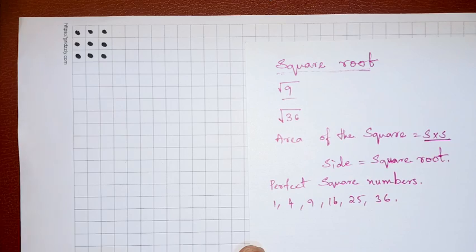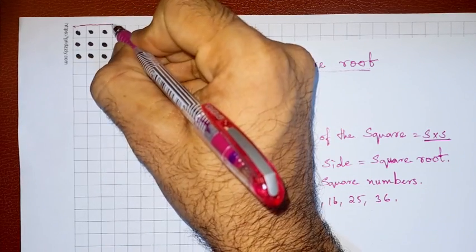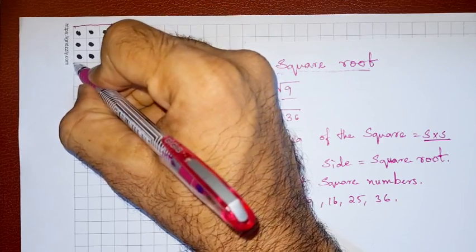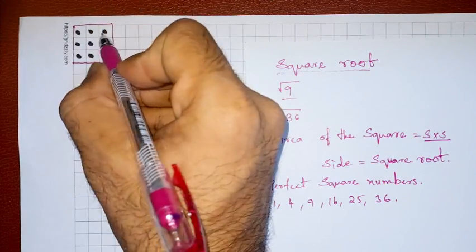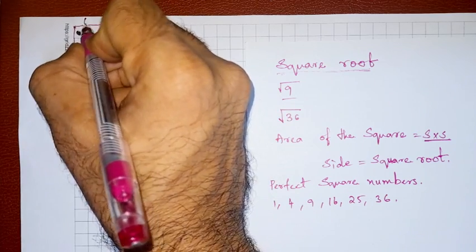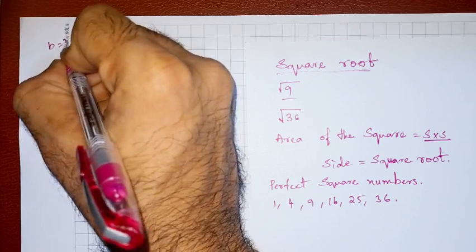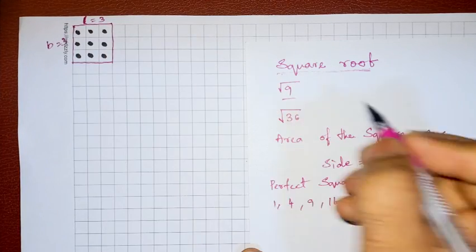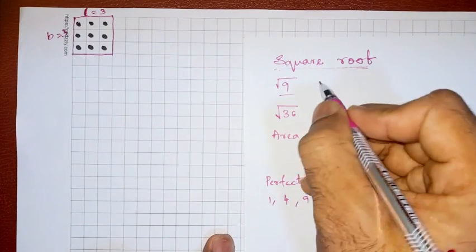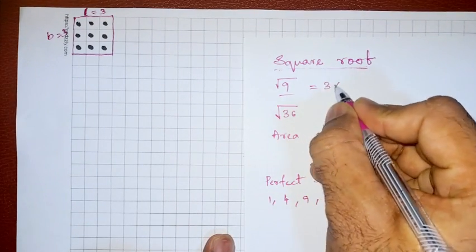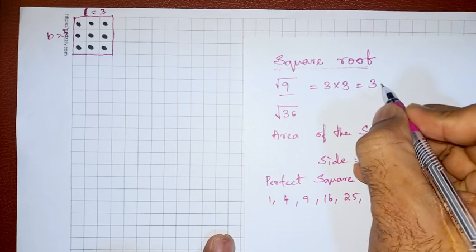Here I have formed a square with 3 boxes vertically and 3 boxes horizontally. The length is 3 and the breadth is also 3. The area of the square is side into side, so we get 3 into 3. So the square root of 9 is 3 units.